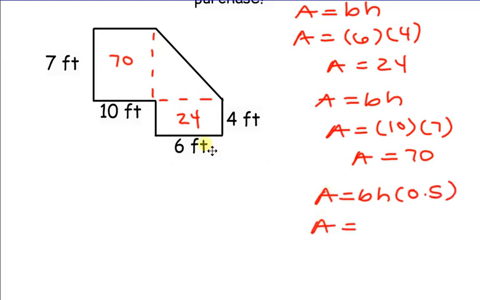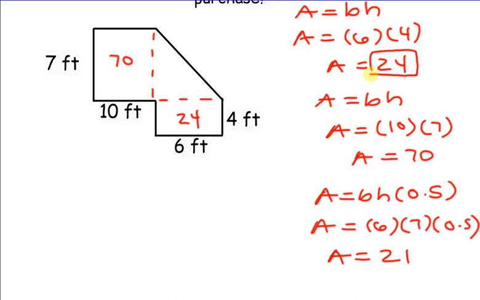The base of the triangle is the same size as this base, so it's going to be 6. And the height of this triangle is the same height as this, so it's going to be 7, times 0.5. So area equals, this should be 21. Now, let's add all these together.